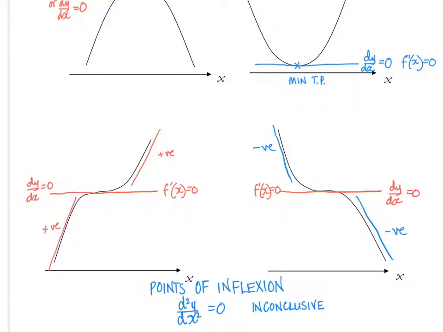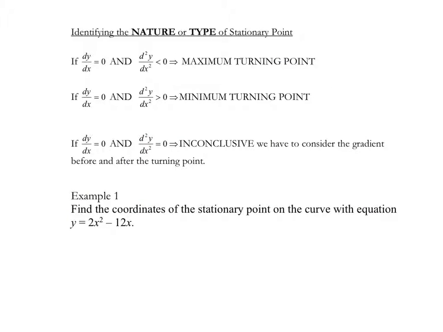So what do we have to remember from these graphs here? If we have dy by dx equals 0, we know it's a stationary point. And also, if the second derivative is negative or less than 0, then we get a maximum turning point. So these two things in conjunction will determine the nature, or identify the type, of the stationary point.